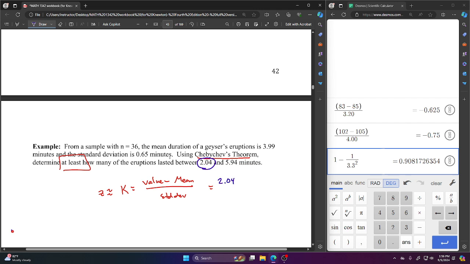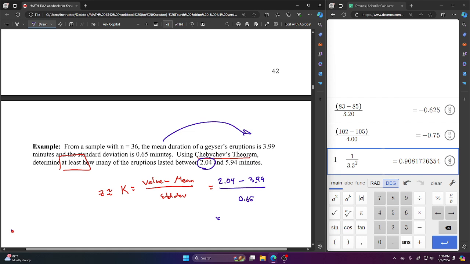So the value is the weirdest part. When it says mean, well, we have that, don't we? Right there. When it says standard deviation, well, I have that. It's right there. You can see all the others make sense, but these values are the ones where I don't know what to use. So look around. What other numbers do we have?